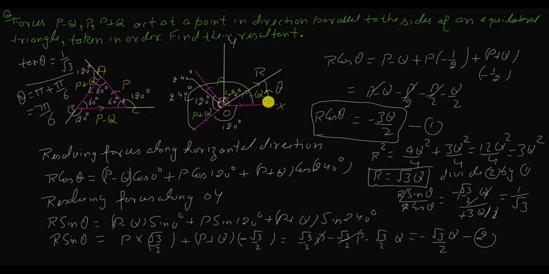So this angle will be 7 pi by 6. If I again plot it, it will be something like this. Resultant will be at an angle 7 pi by 6, means in degrees 210, this angle is 180 and 30. So the resultant will be here.